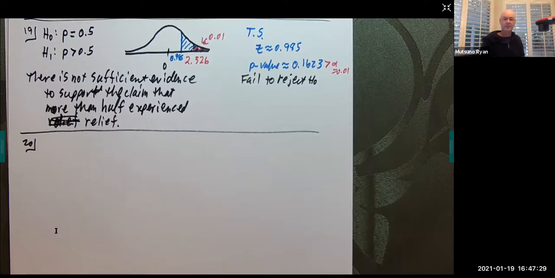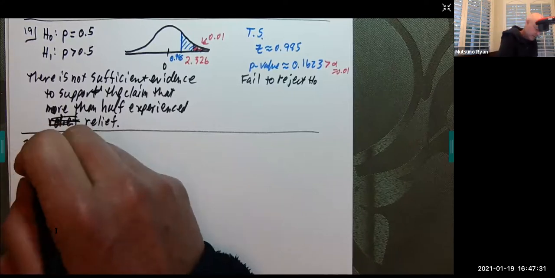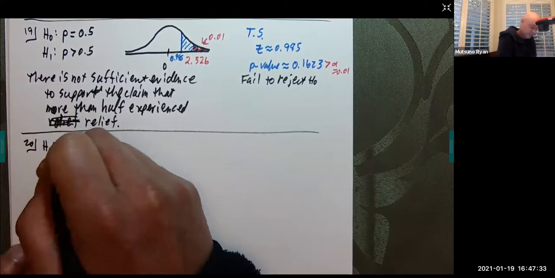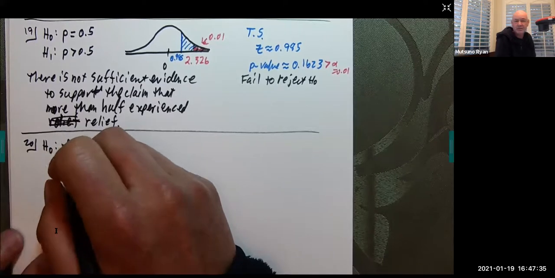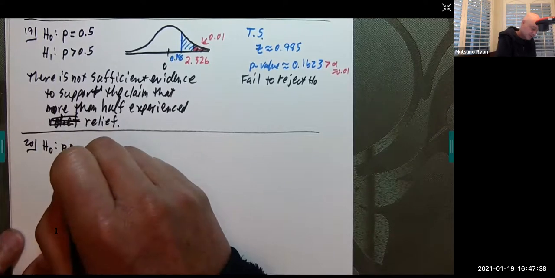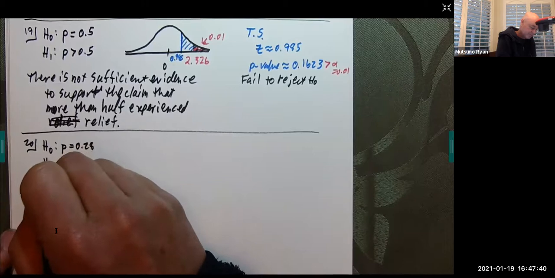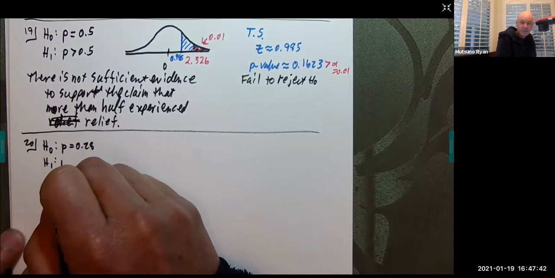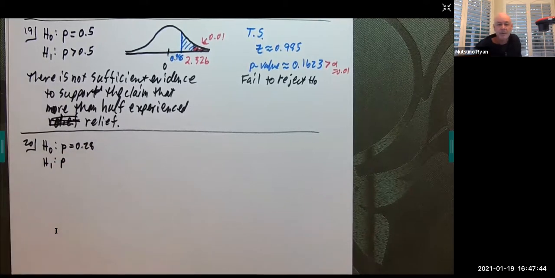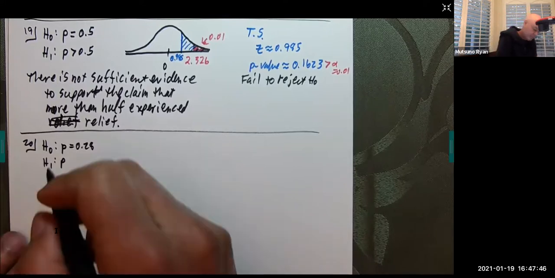All right, so we are going to set this up as though we were going to do it. P is equal to 0.28. It says more than.